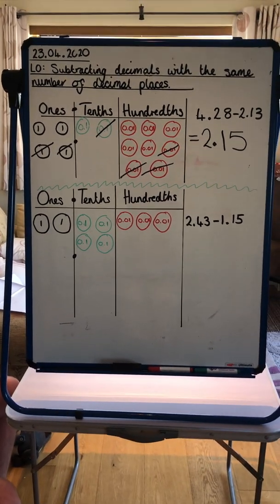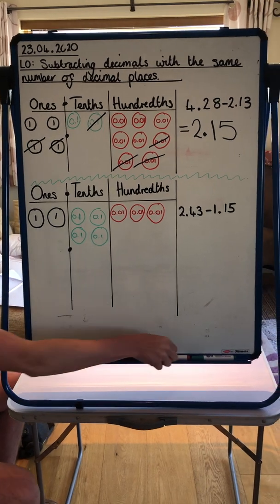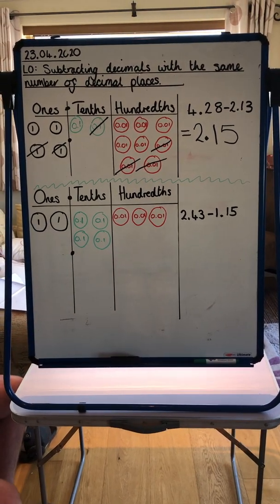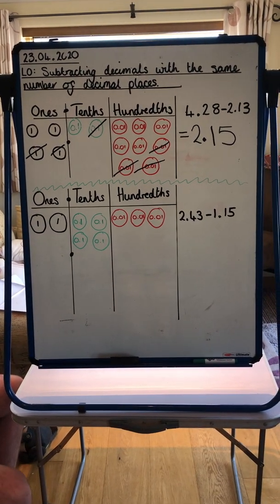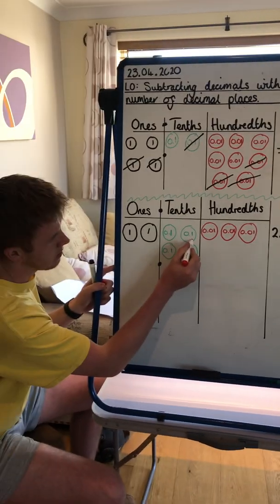So I'm actually going to have to exchange from the tenths column. Now, 10 hundredths make 1 tenth, okay? So I'm going to bring this one into here.